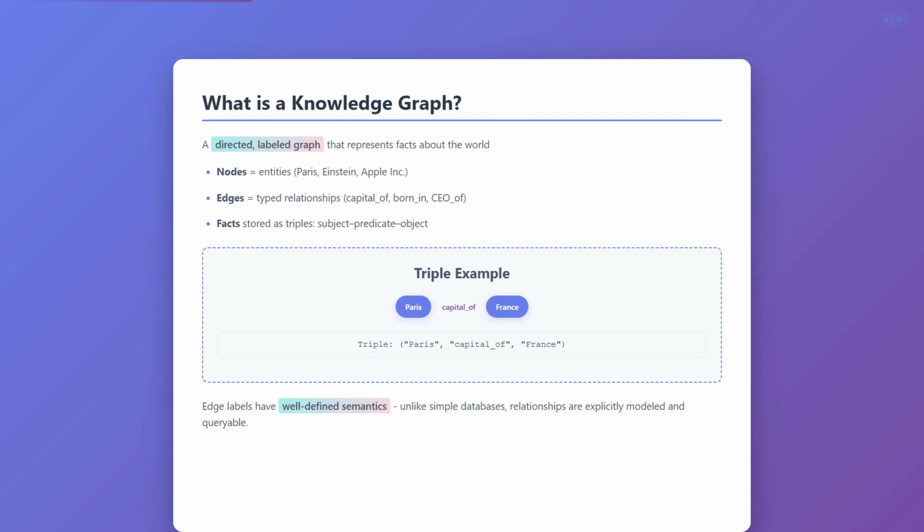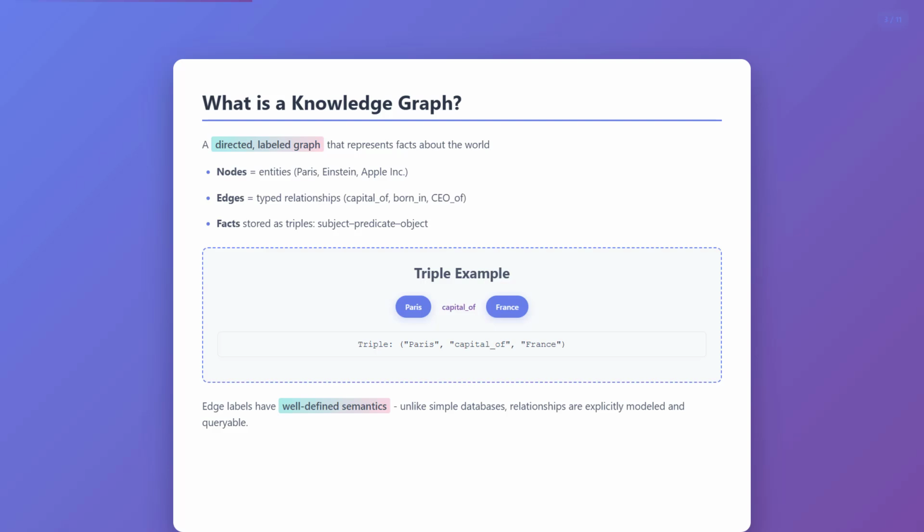The critical insight is that every piece of information is stored in what we call a triple: a subject, predicate, and object. Looking at our example, Paris is the subject, capital of is the predicate, and France is the object. This might seem simple, but it's incredibly powerful.